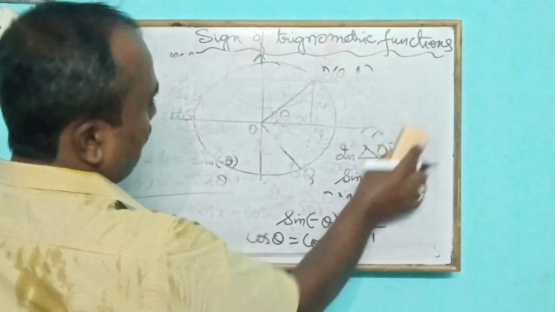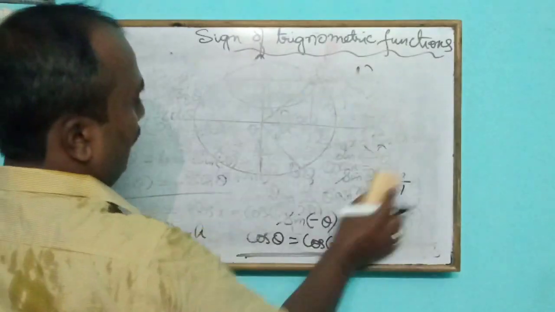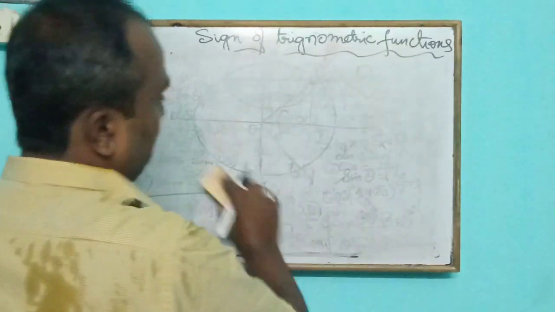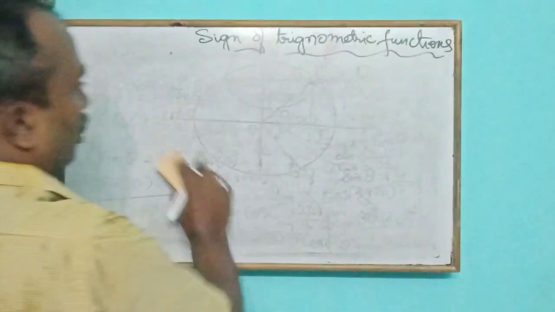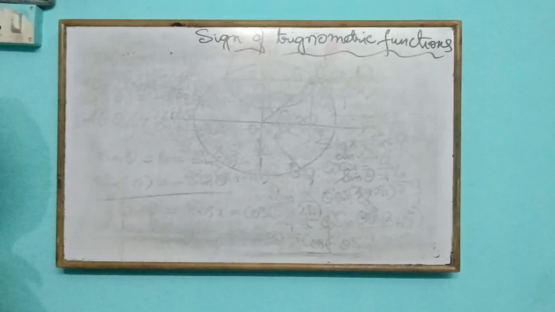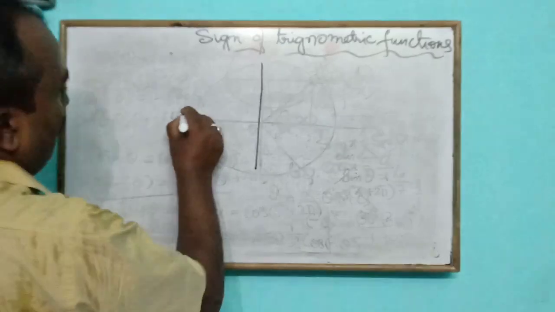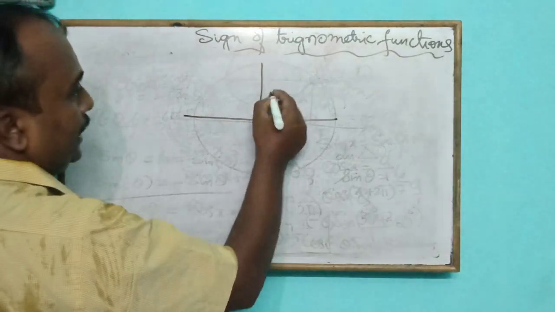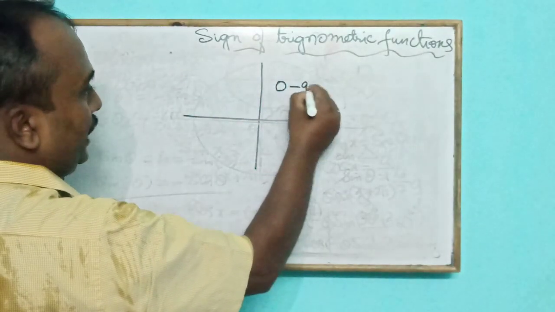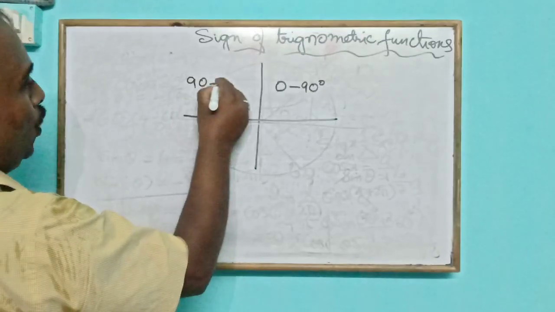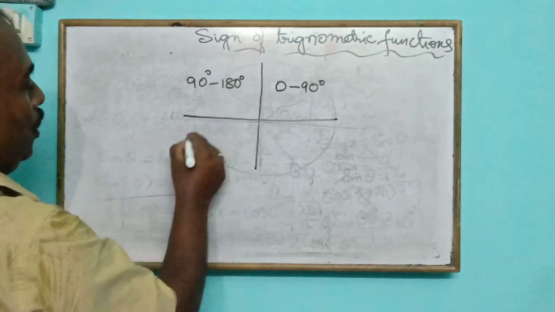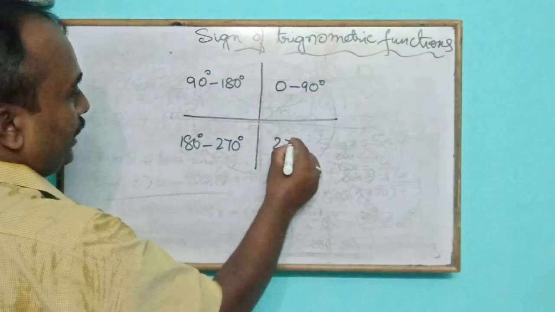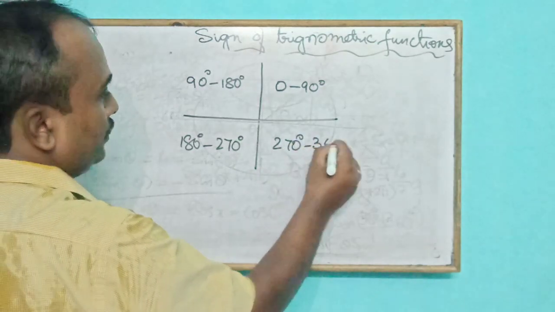Now one more point, how to find out the value of the angles when it is more than 360 degree or greater values, that we should understand. Now if I take this plane and divide it into 4 parts of 90 degrees, we have 0 to 90, 90 to 180, 180 to 270, and 270 to 360.